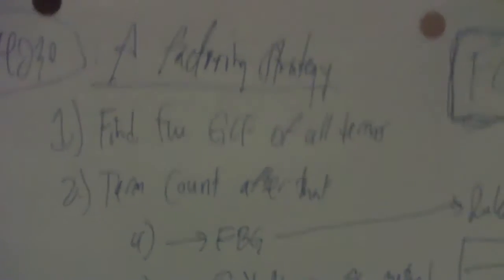But you pull out the greatest common factor, or the GCF. Usually the instructions say factor completely. So you just have to find the GCF of all the terms in the polynomial.